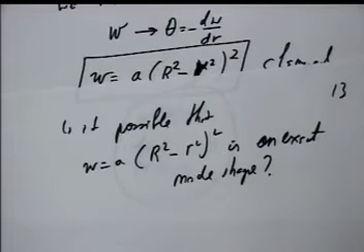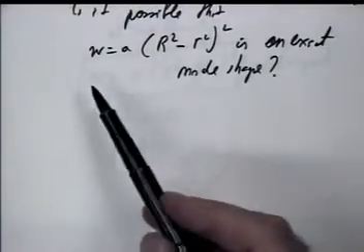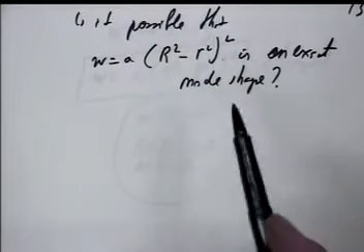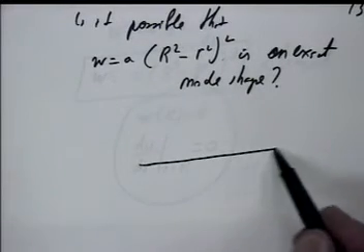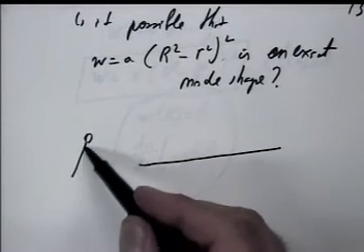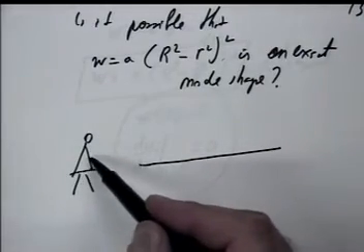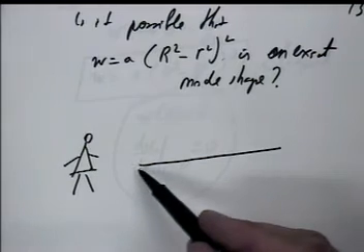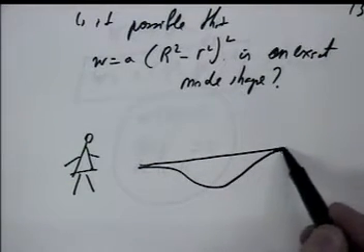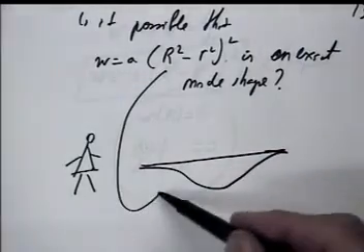Here we are doing differently. We are saying, I would like ahead of time to have W equals A times R squared minus r squared, squared, to be a mode shape. So this is a plate, and we are telling this plate, as if we are standing here, a student who takes this course, I want you to have this expression as a buckling mode.